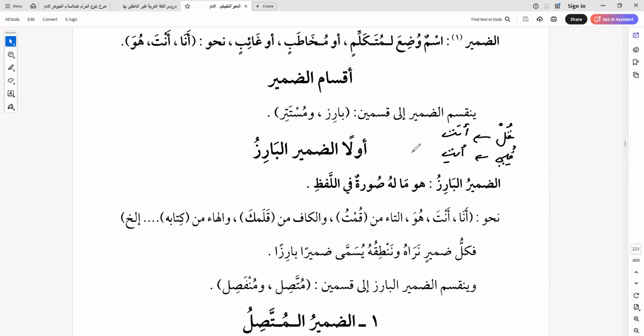And then it's wajib for you to hide it, especially in فعل الأمر. In فعل الأمر, it's wajib for you to hide it. So فكل ضمير نراه وننطقه يسمى ضميرا بارزا.